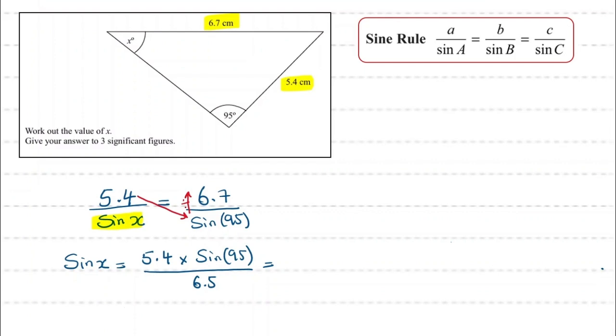and we get the following answer, 0.8029. Remember that this value is for sine of x.